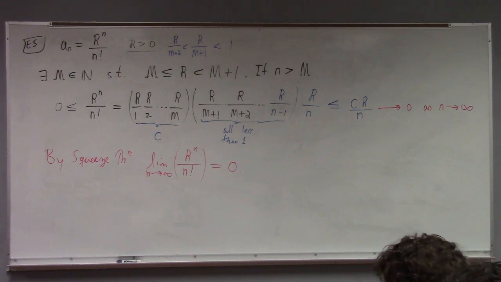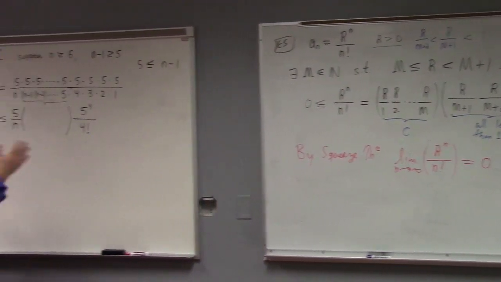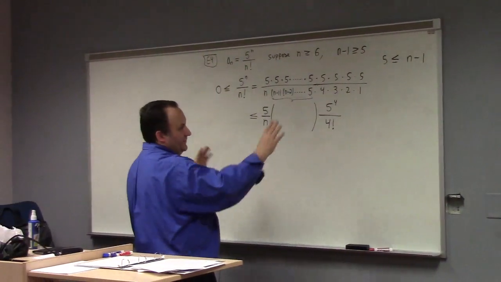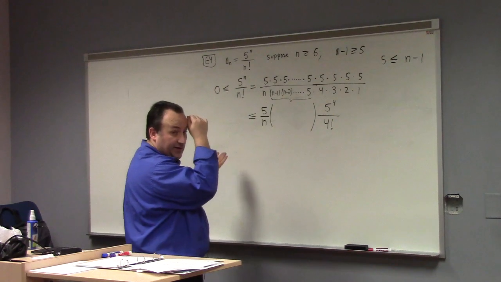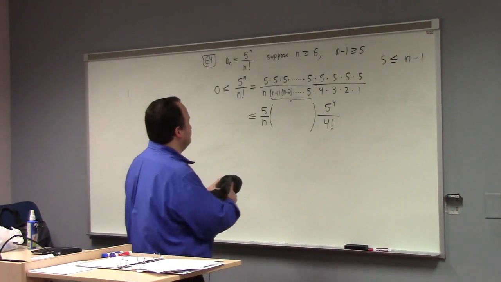Now, I think we can come back to here and repair it, right? What should I have made my m? If you understand this, we can go back and do this one carefully now. How would we fix it?